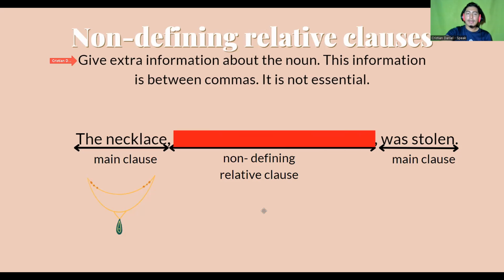Read the sentence, only the main clause. The necklace was stolen. The necklace was stolen. Does it make sense? Yes, it makes sense. Why? Because that's important. The necklace was stolen. That's something important.